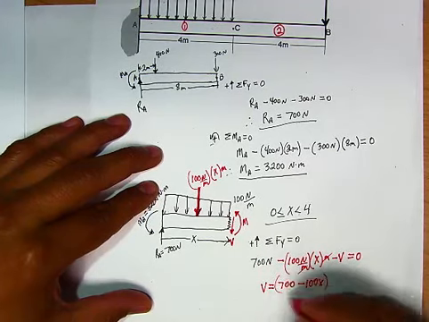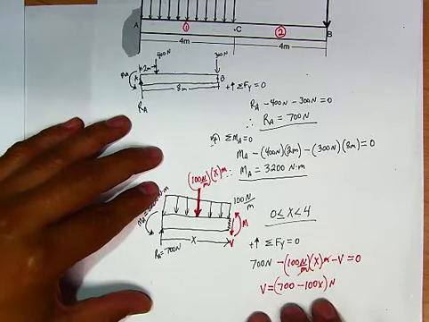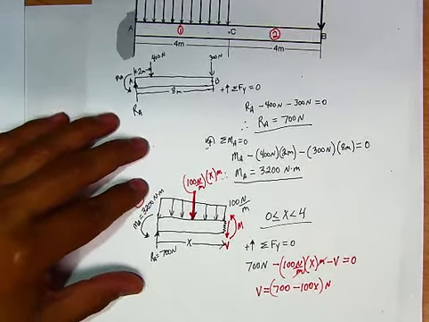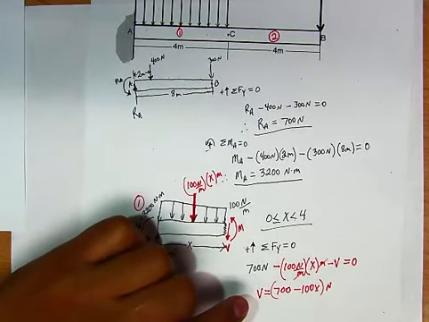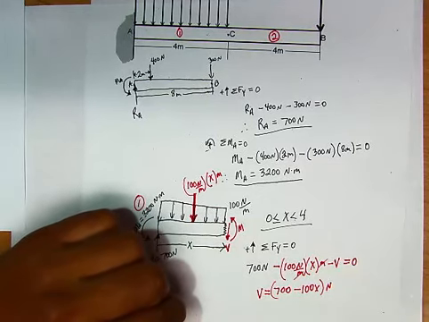And the unit for this is, of course, newtons. So this is our very first equation. This equation will be the one used to graph our shear diagram, which will be coming up closer to the end of this problem.